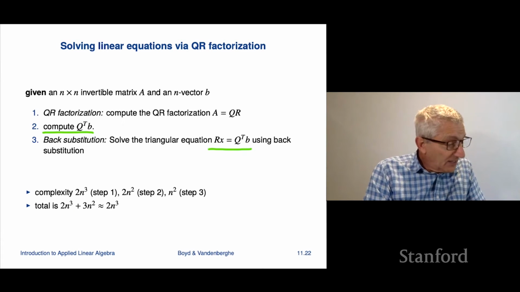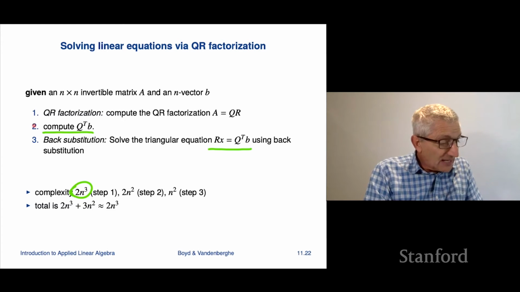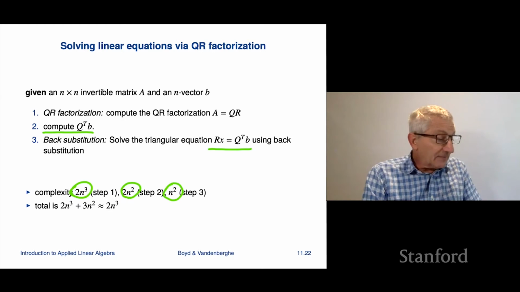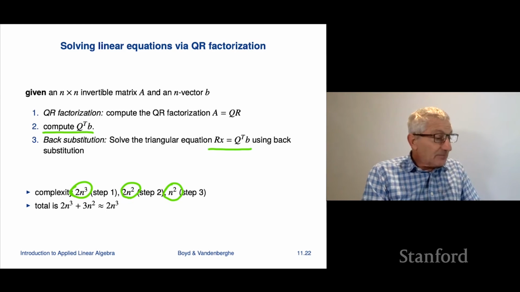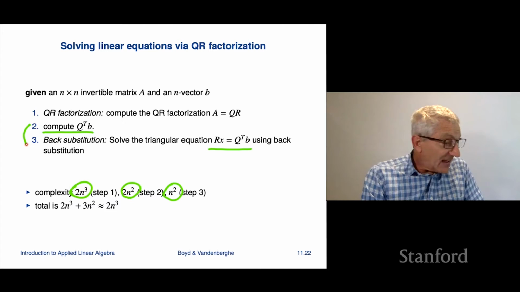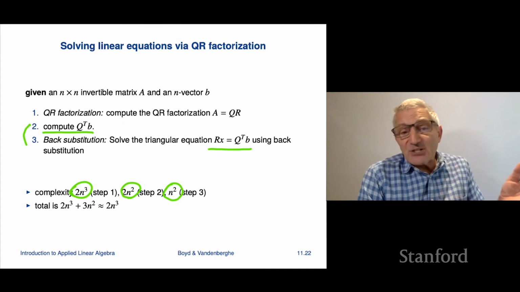So step one here costs 2n cubed flops. Step two, that's a matrix vector multiply, that's 2n squared. And the last one, back substitution, is n squared. When you add these up, steps 2 and 3 cost very little. In fact, they're negligible because we're imagining n to be large.